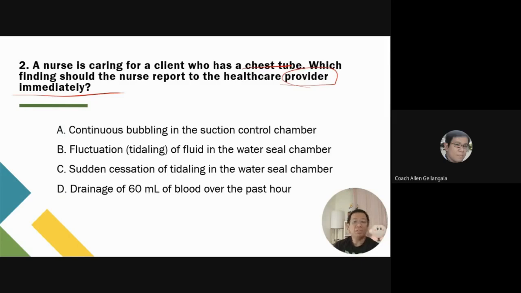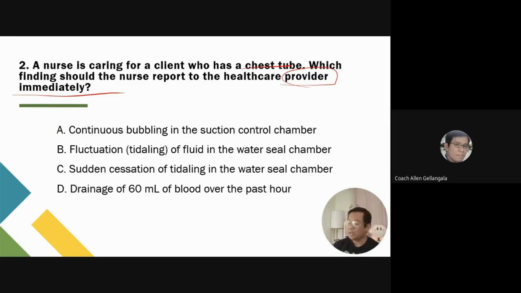Yes, because your chest tube has one immediate purpose. Why is it placed there? It is for the purpose of removing excessive air that has penetrated the pulmonary wall. So you need to eliminate the air coming from the atmosphere, the positive pressure air, in order for the lung to expand.